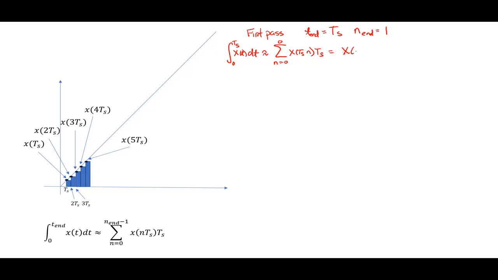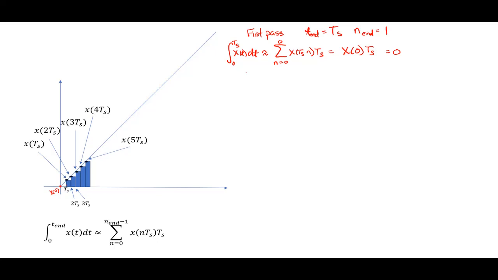That's just going to be x of 0 times t sub s. In this particular case, that's equal to 0, because x of 0 is equal to 0. There's no height to that triangle. Now again, that looks like an error, and it is, but if t sub s is really small, then that error turns out to be pretty negligible.